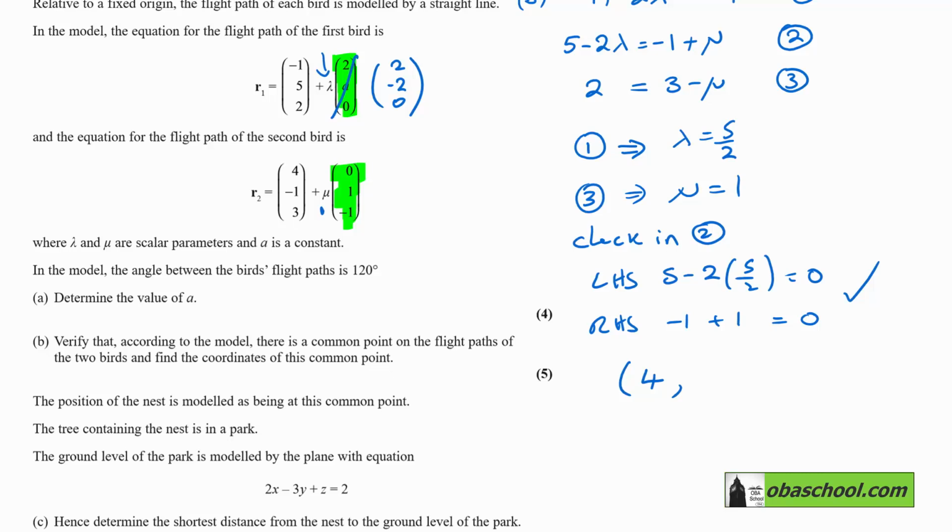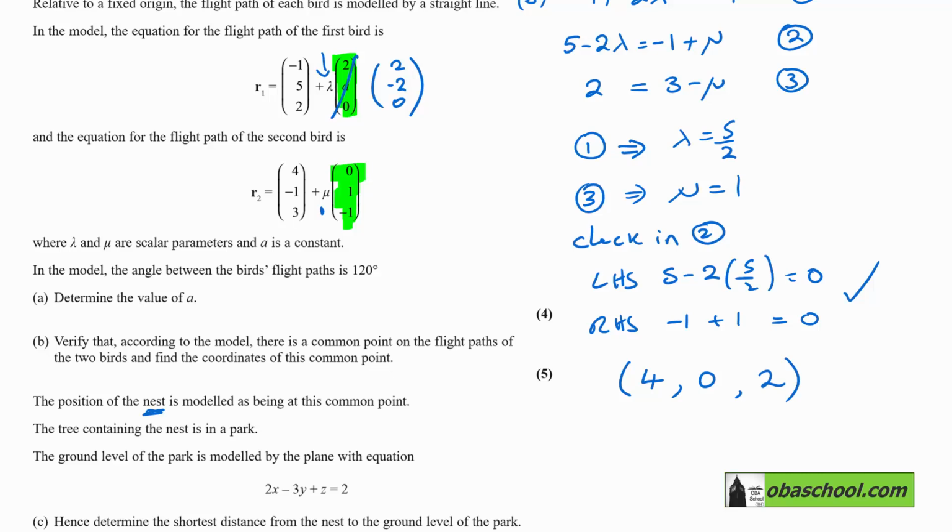And then we've got -1 plus mu, which is 0, which we knew from our check before. And then we've got 3 take away 1, which is 2. So (4, 0, 2). The position of the nest is modelled as being this common point. So the nest is at (4, 0, 2).